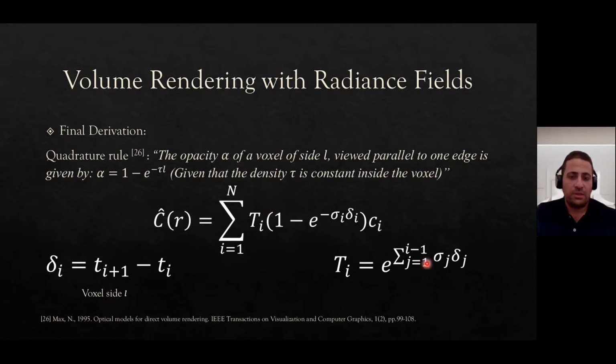After doing these substitutions, we sum instead of integrating, from j equals 1 to i minus 1, which is the point before the point that we are assessing, sigma of j, which is density, times delta of j. Here, we're just using the same terms, in terms of a sum instead of integration. So nothing much different from what was mentioned before. And this is the final equation of the color of the ray, how it is estimated.